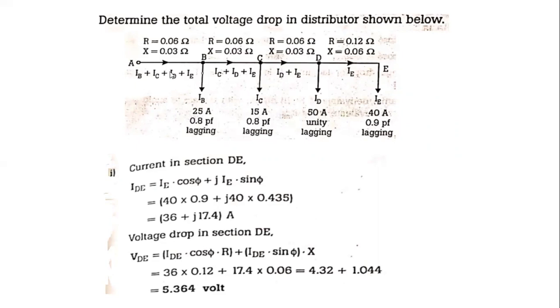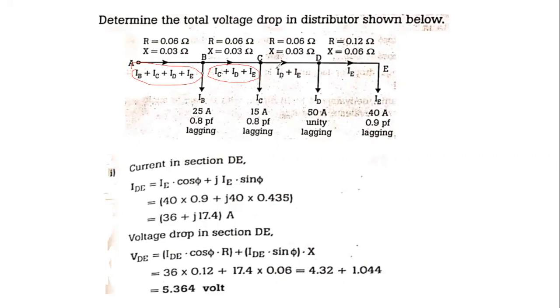Then we write down the formulas for the current in each section. How many loading points are there? B, C, D, E. Therefore, the current across the AB section is IB plus IC plus ID plus IE. Next, the current across the BC section: IB is dropped, so the remaining currents are IC, ID and IE.